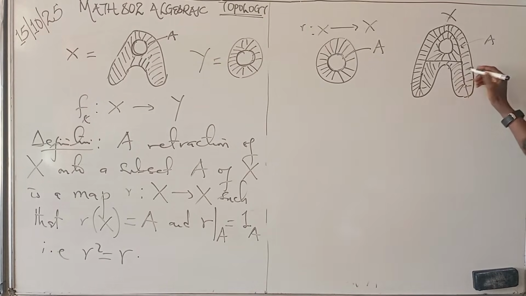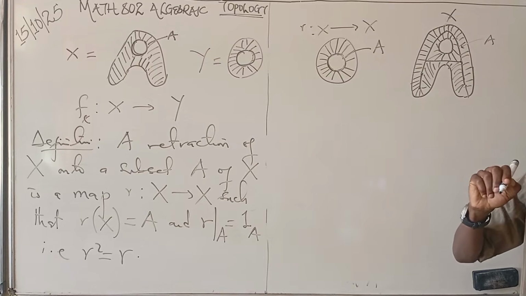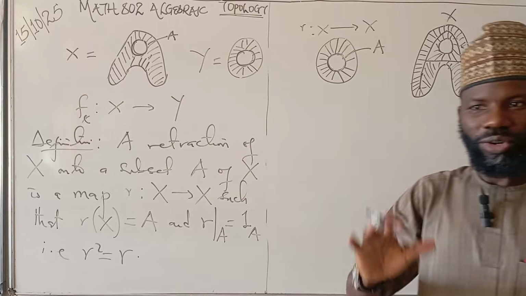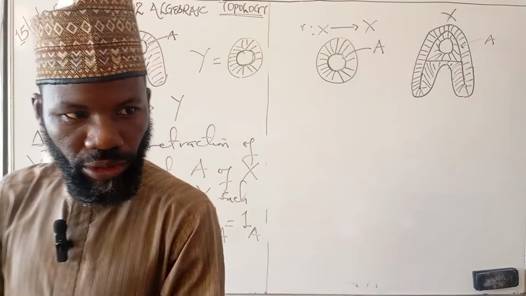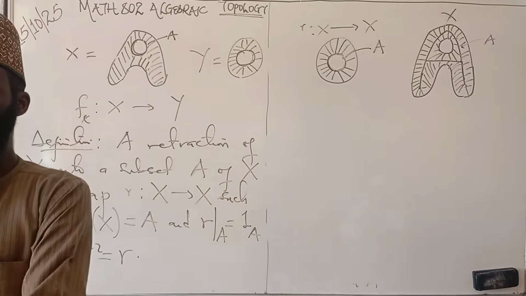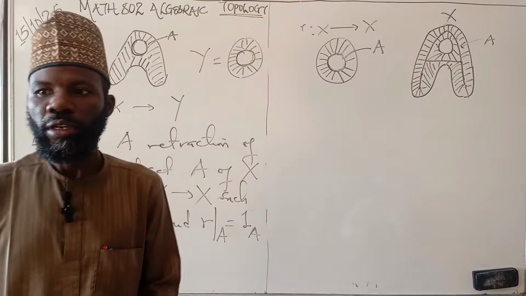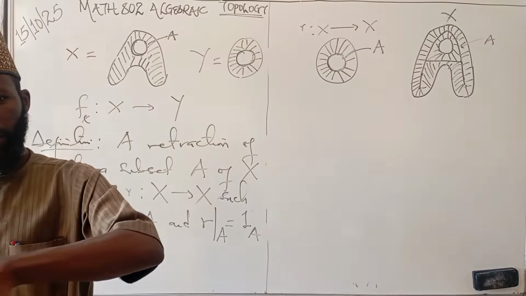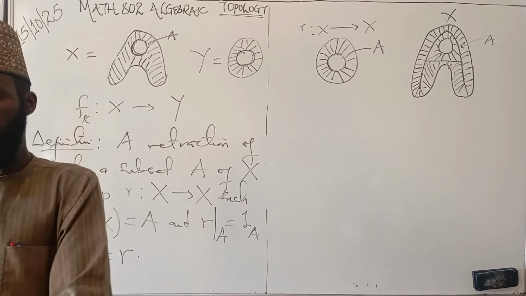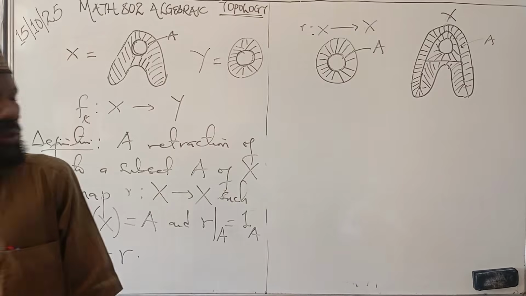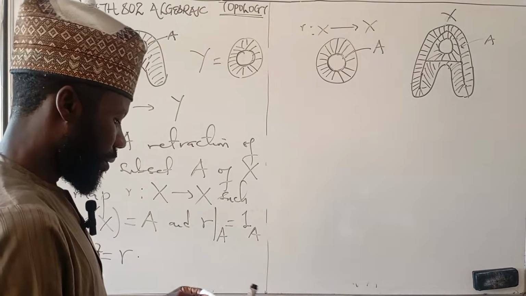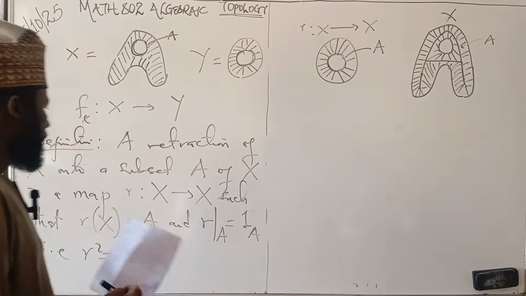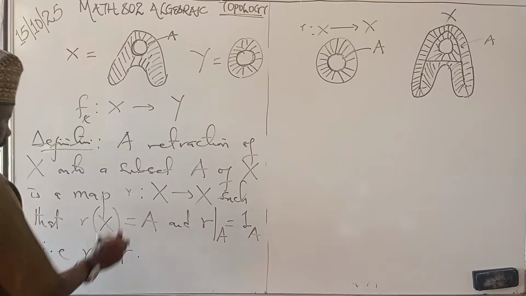And the mapping R is not changing the points on A, so it's acting as identity on A. Everything is being projected down to A. The entire big space is projected down to the subspace while keeping the subspace fixed as it is. So that is what a retraction is. This is the concept of retraction.